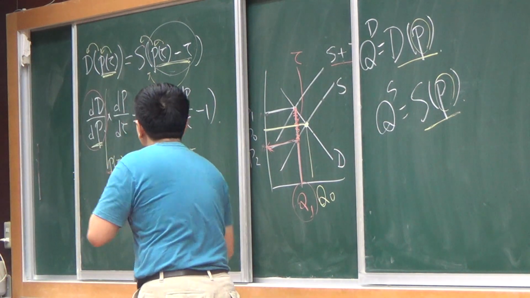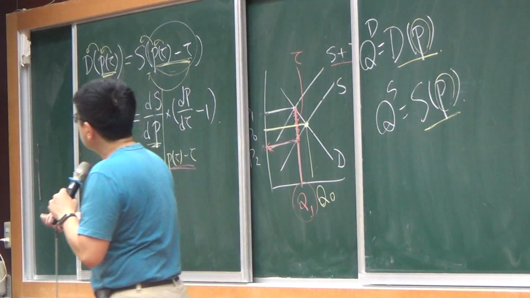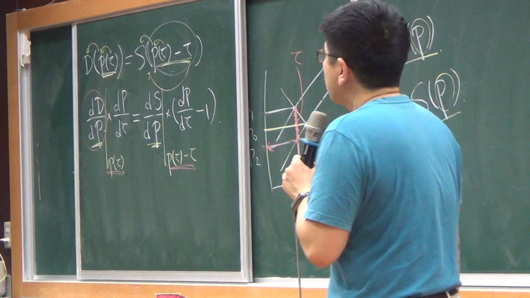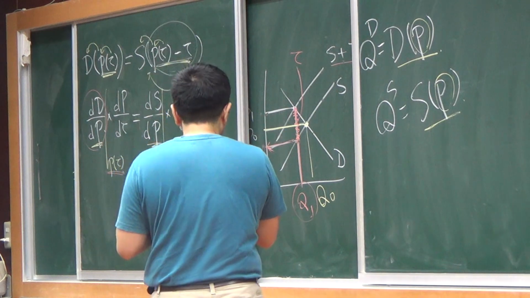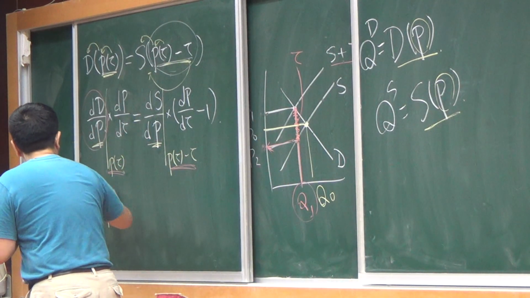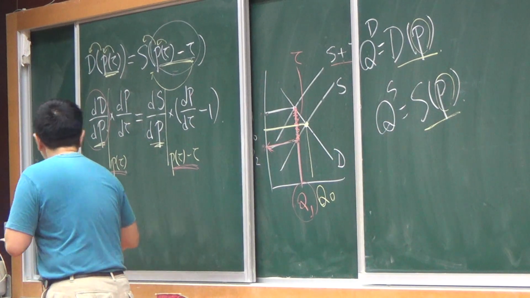Now, we want to rearrange the equation, and we want to find dp d tau.